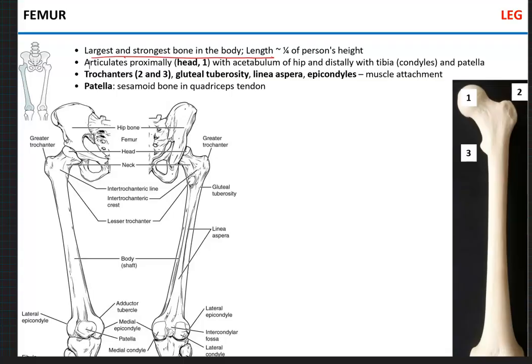It's fine. It's not going to snap. Okay? So the head of the femur articulates with the acetabulum of the hip, forming hip joint.